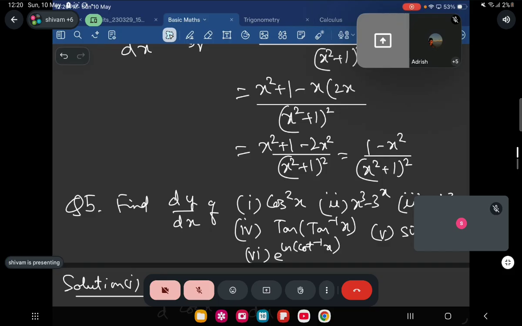Second one, can you simplify? Currently, I don't think so. If people know the simplification of inverse trigonometric functions, there's another form.